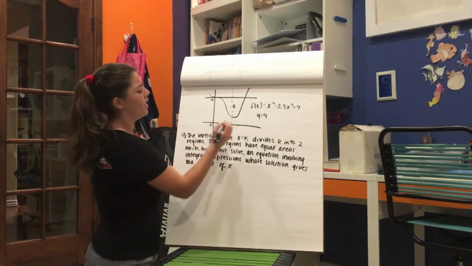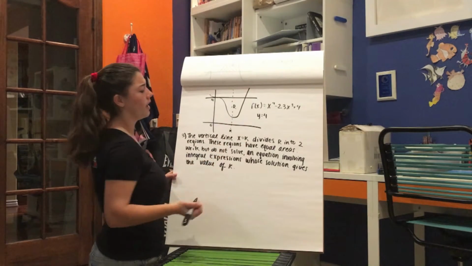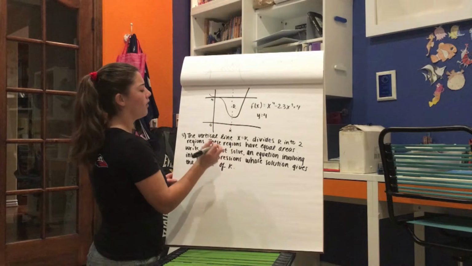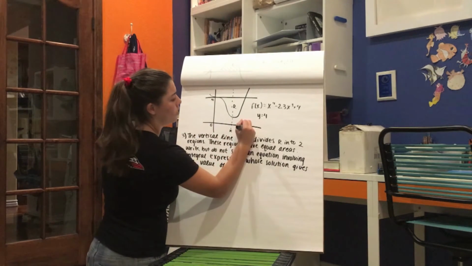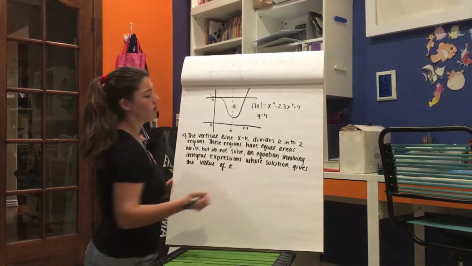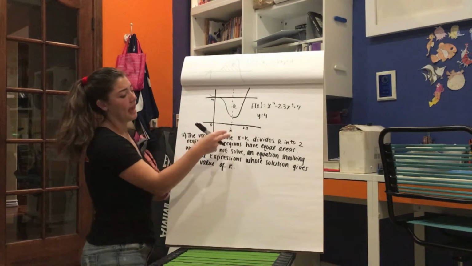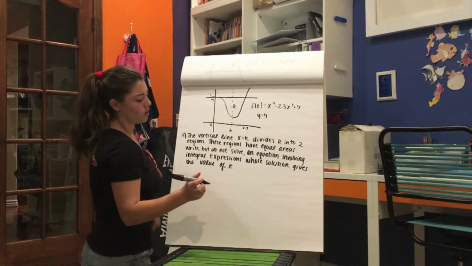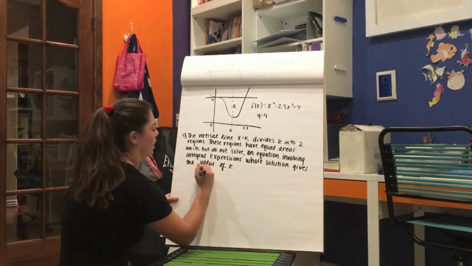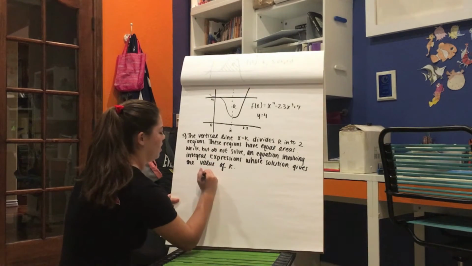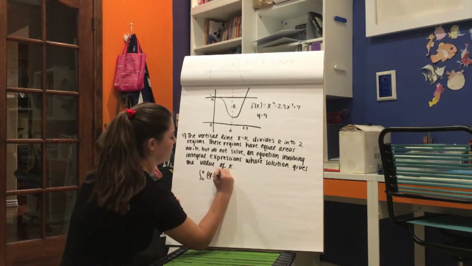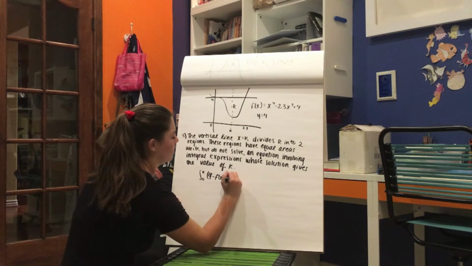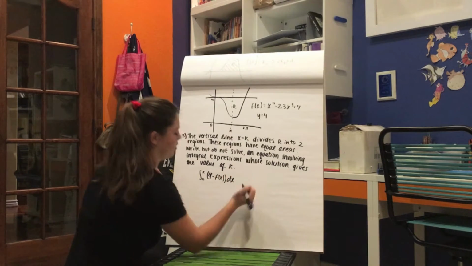Since k divides region R in half, you know that your bounds are going to still be from 0 to 2.3, and you're going to use those and k as your bounds. For the first integral, the first area, it's going to be 0 to k of 4 minus f of x dx.